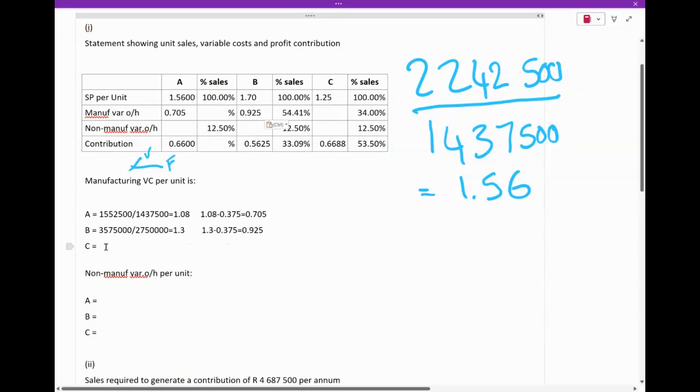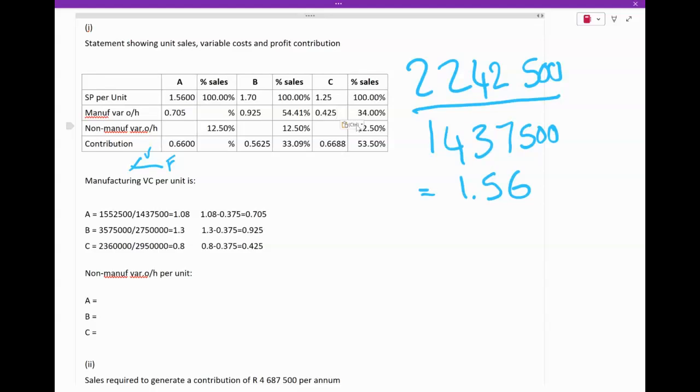So that's for B. Then we come to C. So we now have our manufacturing variable overhead. Then we can move on to the next thing.